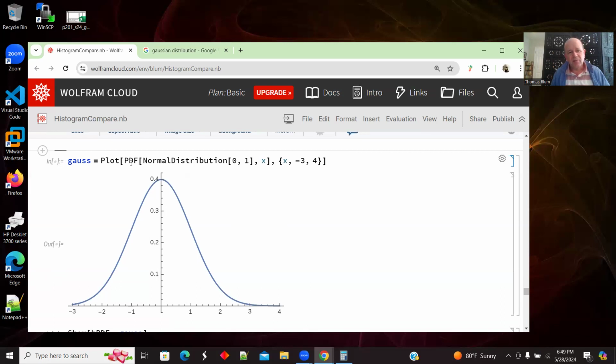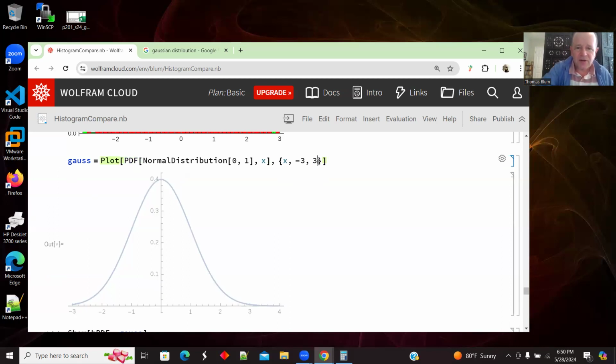I'm going to take the PDF of the normal distribution, again standard, mean of 0, standard deviation of 1. I'm going to turn that distribution into a probability distribution function as a function of x, and then plot x. It should go from minus 3 to 3 to be completely consistent here. And I'm calling that Gauss. One of the names people give to this probability distribution is the Gaussian function.